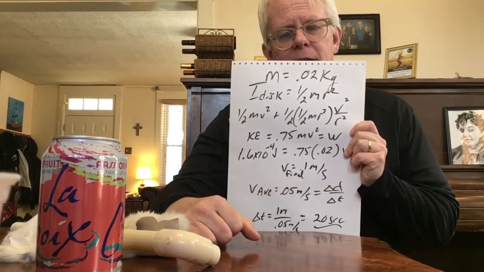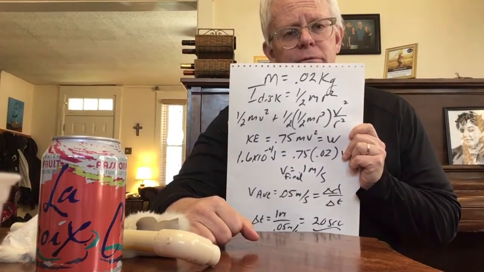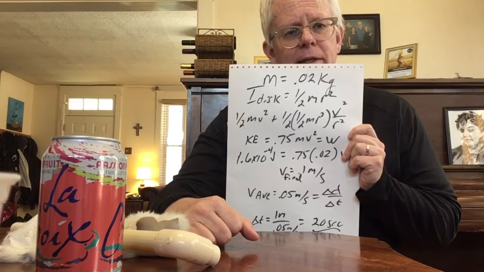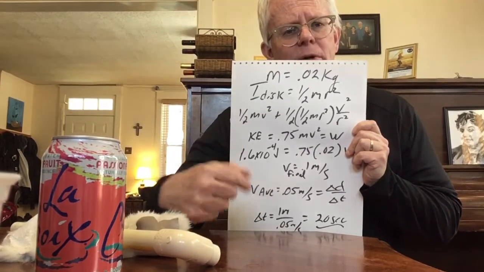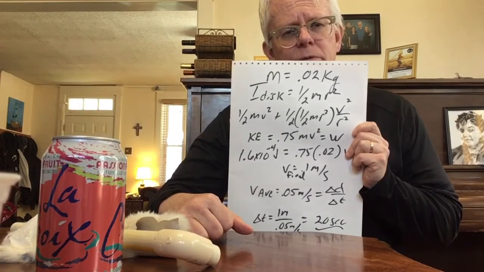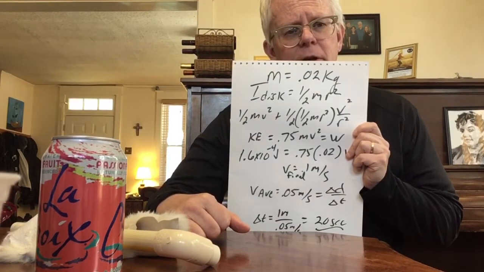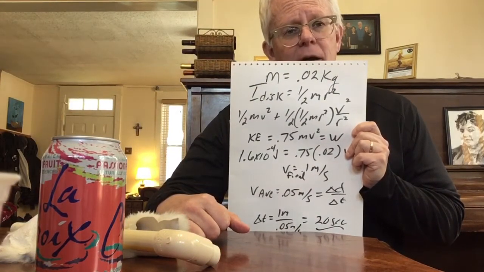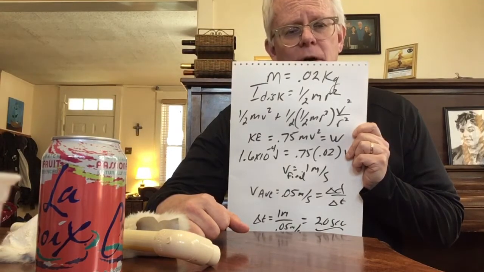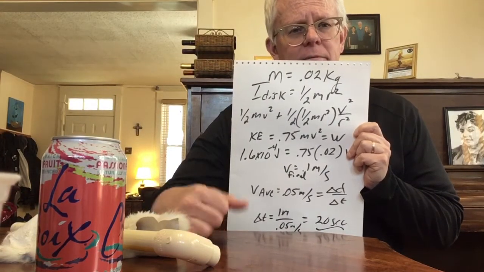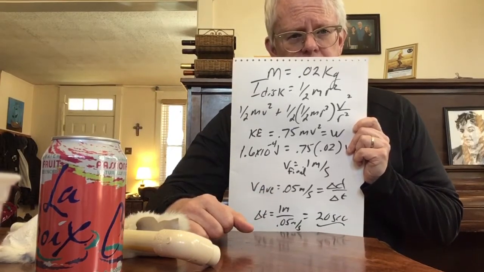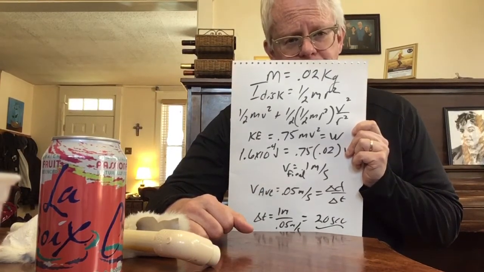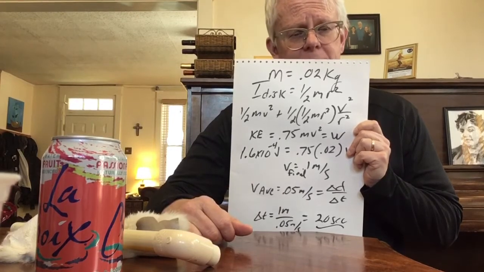If the mass of the can is about 20 grams and those two kinetic energy terms add together, it turns out that we should have about 0.75 mv squared equal to that amount of work that's done. And if that amount of force and that amount of work is accurate, then what we yield here is a final speed of around 0.1 meters per second. That's 10 centimeters a second.